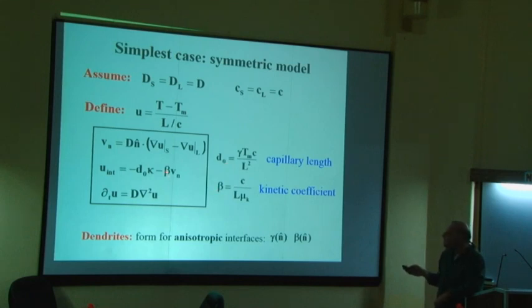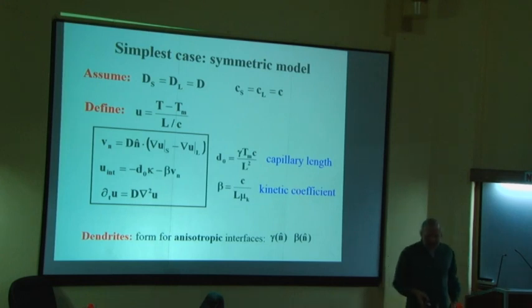And then here, this is a variant of this interface mobility mu k that I have defined. So it's called the kinetic coefficient. It's like the inverse of this mu k. Okay? And so with these quantities, the Gibbs-Thompson condition becomes particularly simple. It's minus d naught times the curvature, minus beta times the velocity.